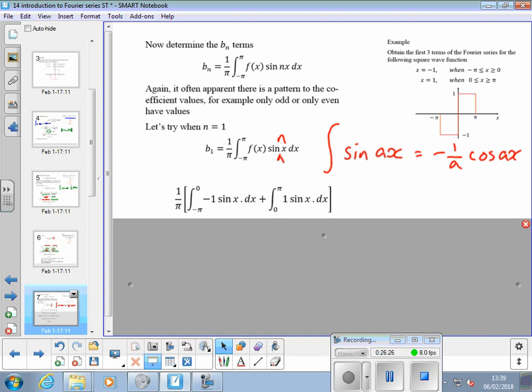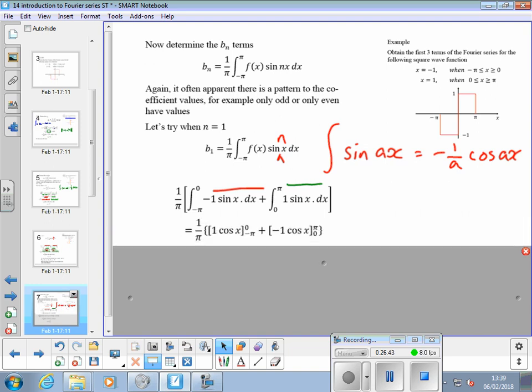So there it is. This half is the values of x between minus pi and 0. This half is between 0 and pi. Let's see if I've done it right this time. I bet I've done it wrong again. No, can't get that one wrong because we're dividing by 1.